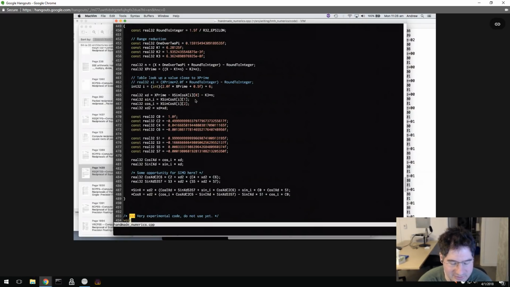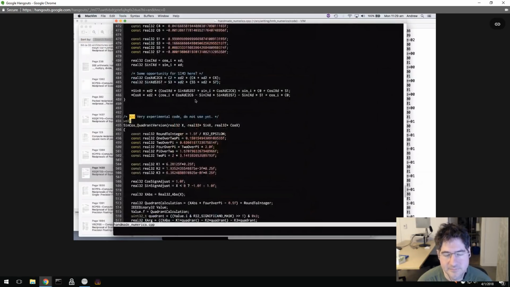These are also the two ways floating point is done in your C standard library. The implementation of, for example, e to the x or 2 to the x will use table lookup, whereas the implementation of sine and cosine probably doesn't. It probably uses this quadrant analysis and a high degree polynomial, probably even higher than that for double precision.